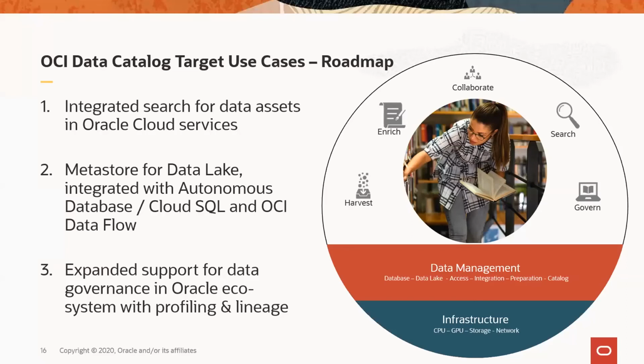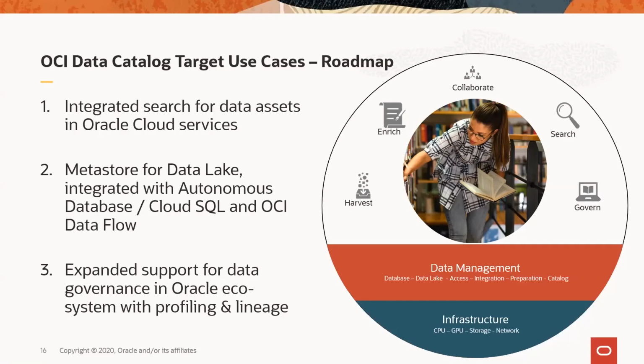Or maybe you are just trying to find things that are not in the OAC environment yet. The search that I just showed you could be very powerful to find things that are out there in the ecosystem. So the goal is to integrate data catalog capabilities into OAC, and then data integration and data science, and so on, any data flow. There are many different services that can benefit from these metadata capabilities, either in the form of search and discovery or recommendations.